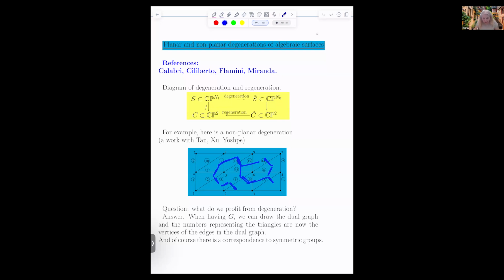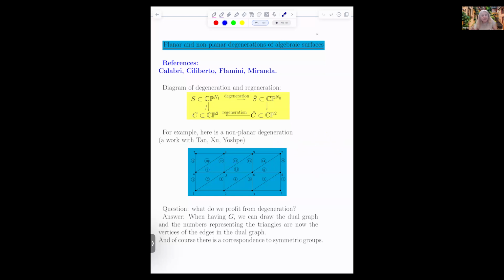And then what we profit from this is a correspondence to the symmetric group, because each line, for example, 12, if we draw the dual graph of G, this will be this line, which connects both triangles. And then the generator 12 can go to alpha beta, a transposition in Sn, for alpha and beta, the numbers of the triangles.